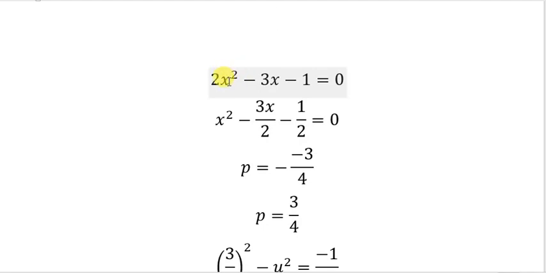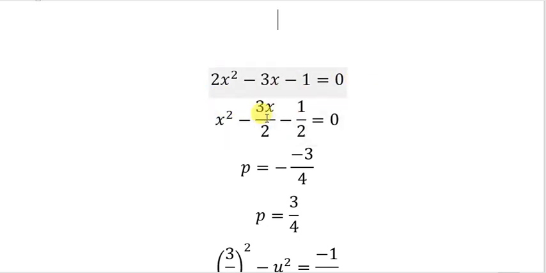Now, remember, the first step in solving such questions using the Po-Shen Lo method is to make the coefficient of x squared become 1. That is to say, divide each of the numbers in the equation by 2.